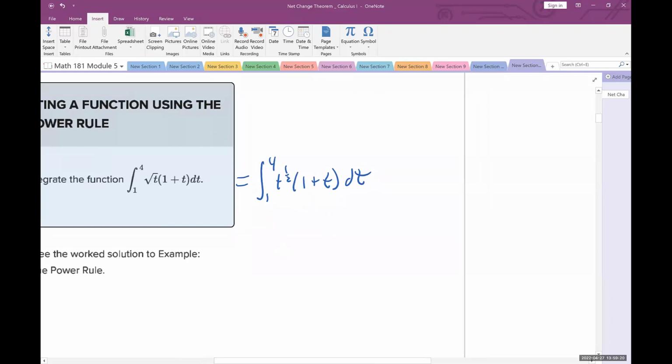I can add 1 to the power and divide by the power. So we have the integral from 1 to 4 of t to the 1/2 times 1, plus t to the 1/2 times t, which is t to the 3/2, dt.